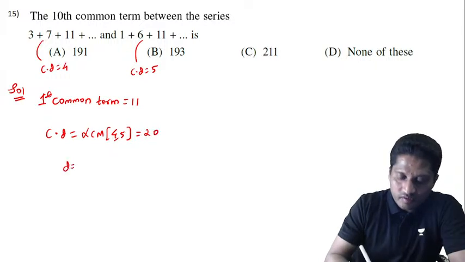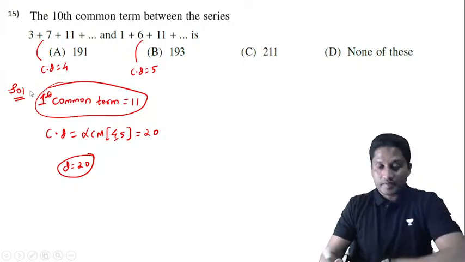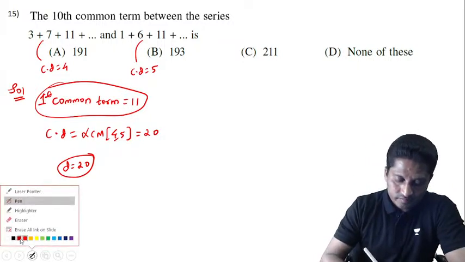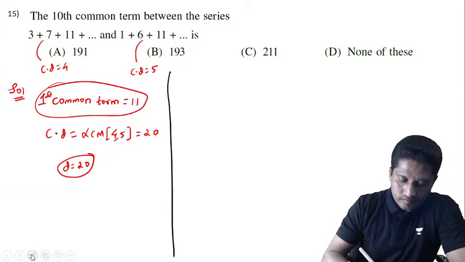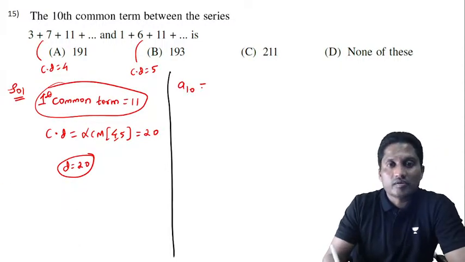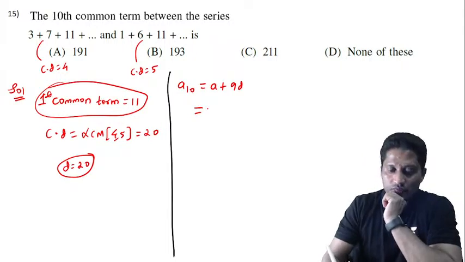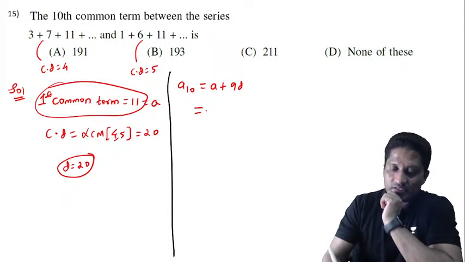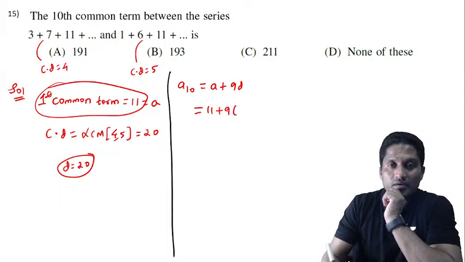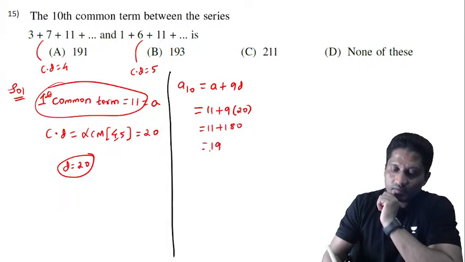Now the common difference is equal to 20. First term is 11, common difference is 20. Now I should find the 10th term. A10 is equal to a plus 9d. The first common term is a, right? a is equal to 11 plus 9 into 20, which is equal to 11 plus 180, 191.